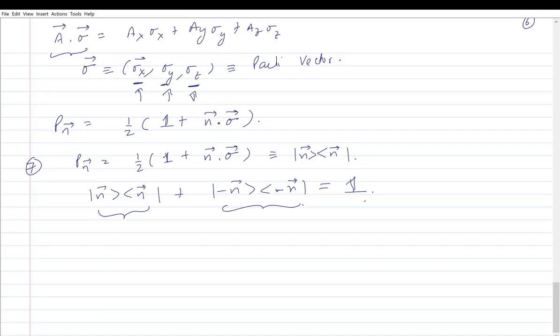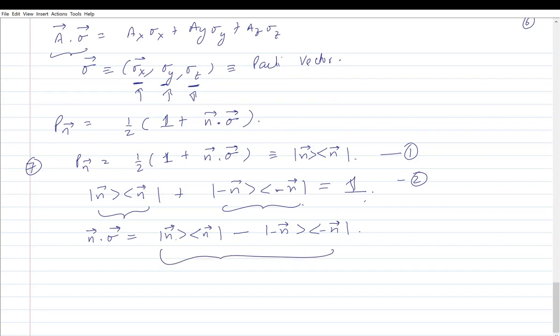So I can combine 1 and 2 to show that this guy is equal to, which is nothing but the eigen decomposition.